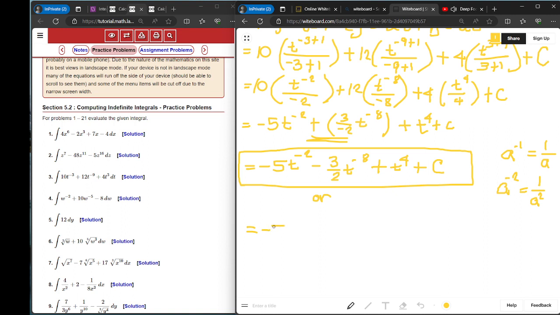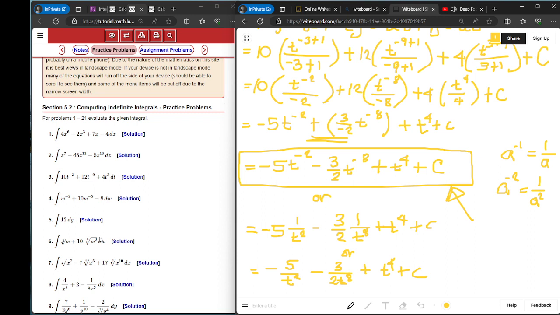This will become negative 5 times 1 over t squared minus 3 over 2 times 1 over t to the 8 plus t to the 4th plus c, or you can combine: negative 5 over t squared minus 3 over 2t to the 8 plus t to the 4th plus c. Then again, we can stop here.